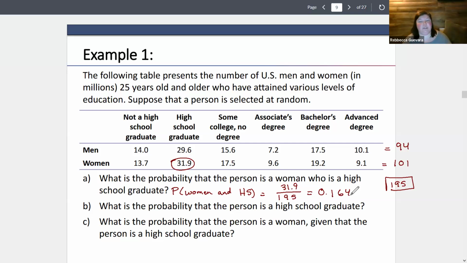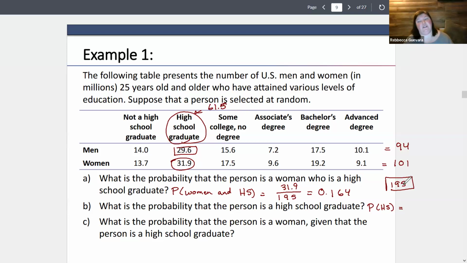What is the probability that a person is just a high school graduate? Well, that requires me to figure out the total number of high school graduates. So if I add up the men and women who graduated from high school, that is 61.5 million people.